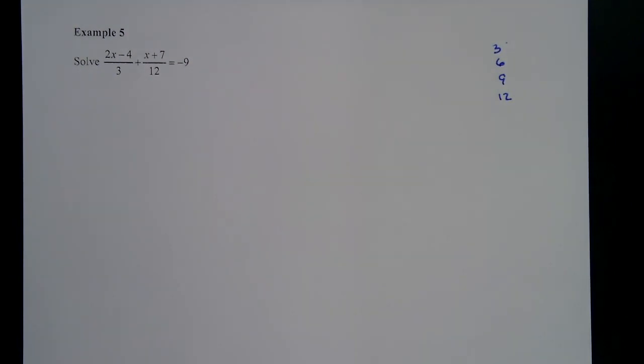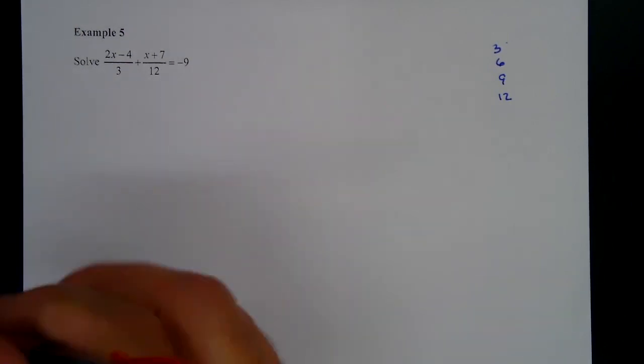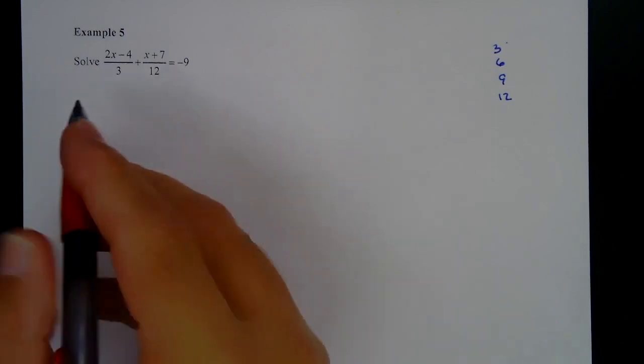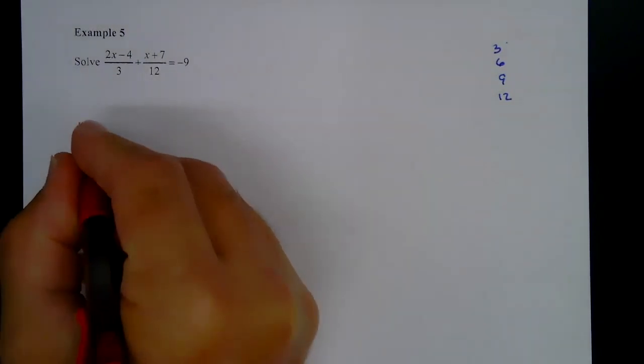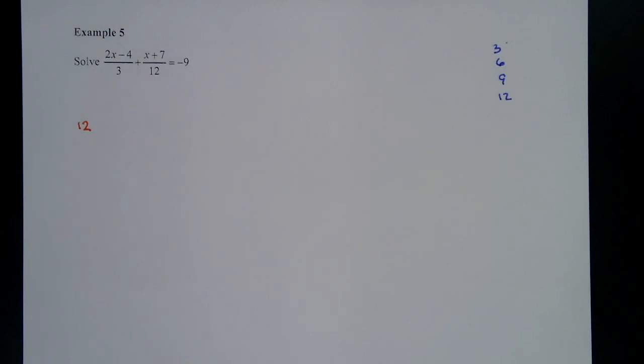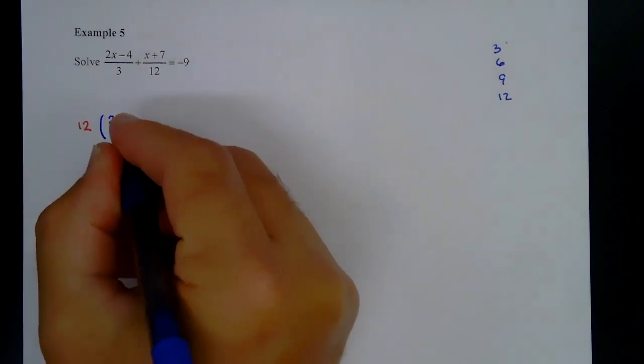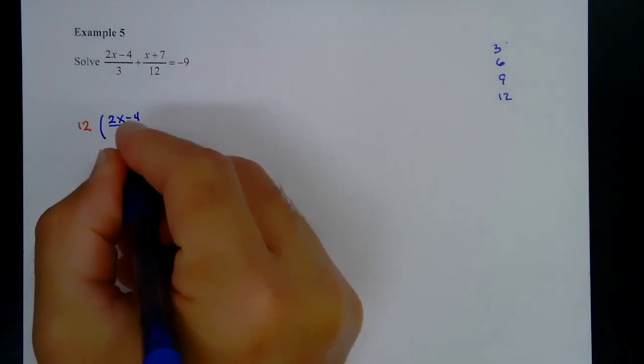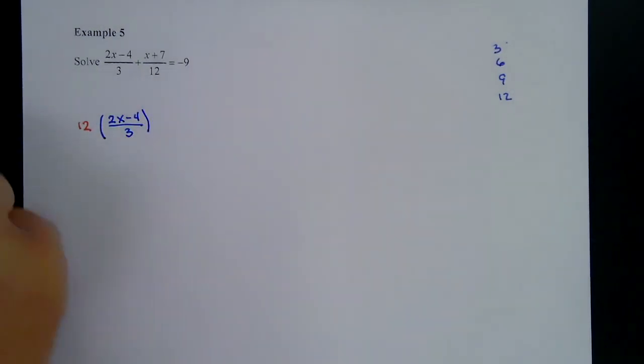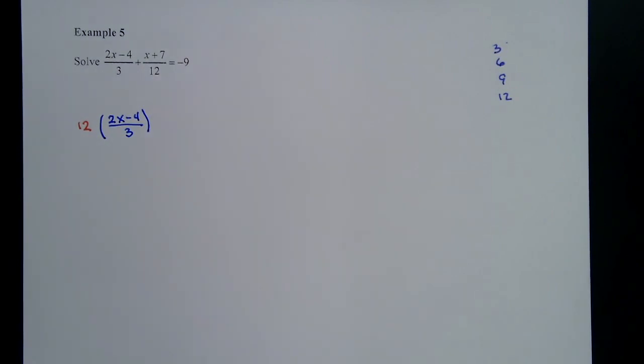So we want to take this equation and multiply both sides by the number 12. I need to get my other pen, so I'm going to show that. Right here's my equals, so I'm going to multiply this entire left side by 12. Then we'd have 2x minus 4 over 3. Hold on, I put a parenthesis there and I wish I hadn't.